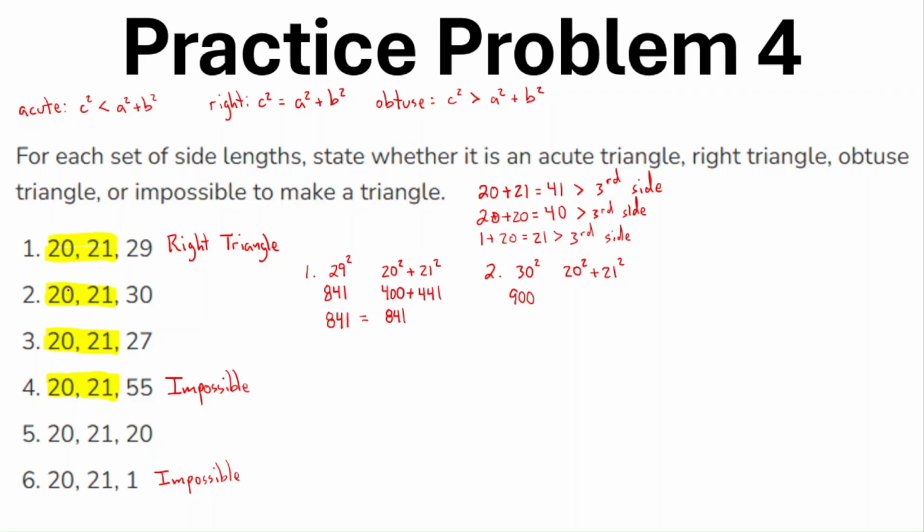Remember, we said 1, 2, 3, and 4 had the same short sides. So the right side of this is going to be 841 again. Well, 900 is greater than 841. Since c squared is greater than a squared plus b squared, that means number 2 is an obtuse triangle.